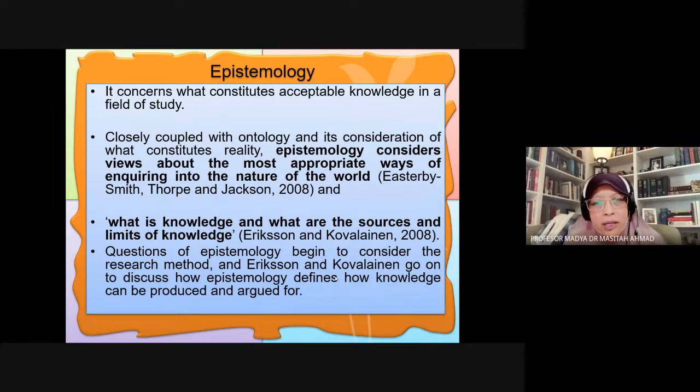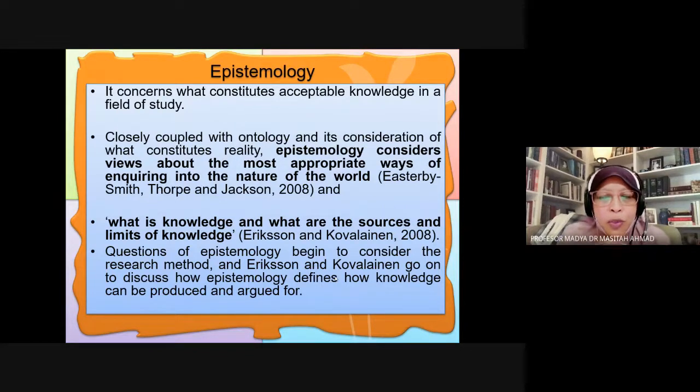So they define epistemology as related to knowledge, and not just that, it's also about the sources and limits of knowledge. It also refers to the question that begins to consider the research method. Eriksson and Kovalainen go on to discuss how epistemology defines how knowledge can be produced, and how we can argue with it.